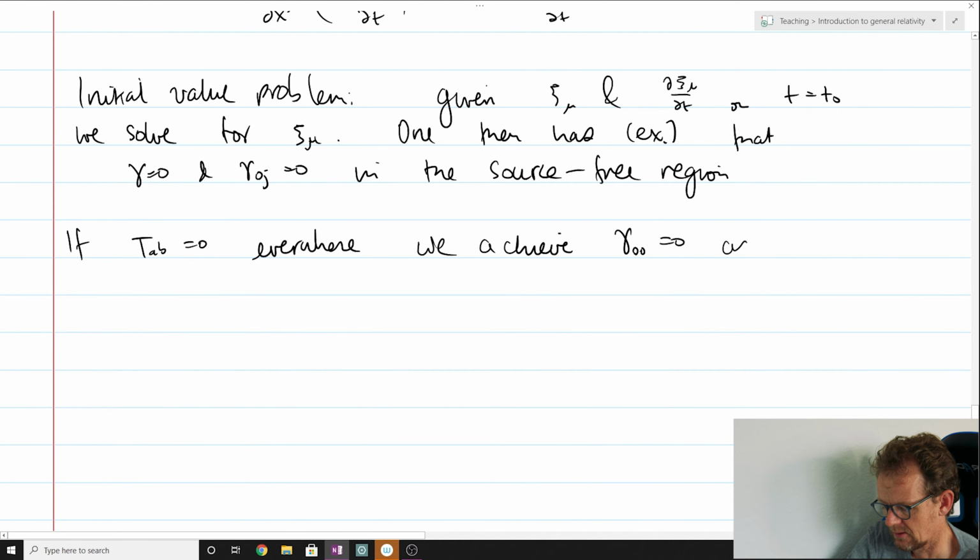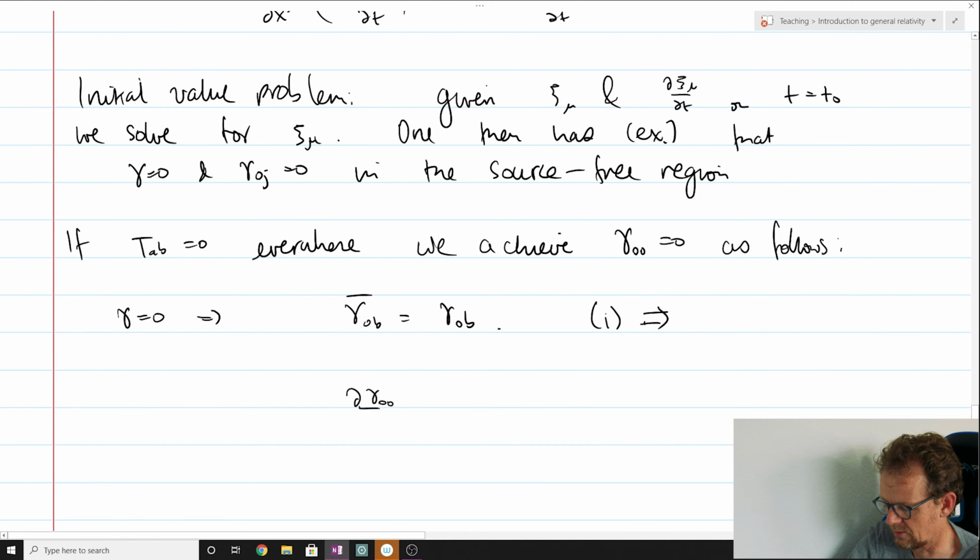Namely, we note that gamma equals naught implies that gamma naught b bar equals gamma naught b. That's the first step. And then equation 1 tells us that the time derivative of gamma naught naught is automatically 0.